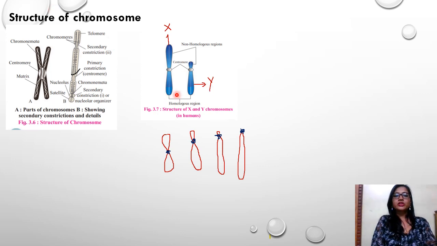The homologous regions are morphologically the same and have similar genes, while the non-homologous regions have dissimilar genes.